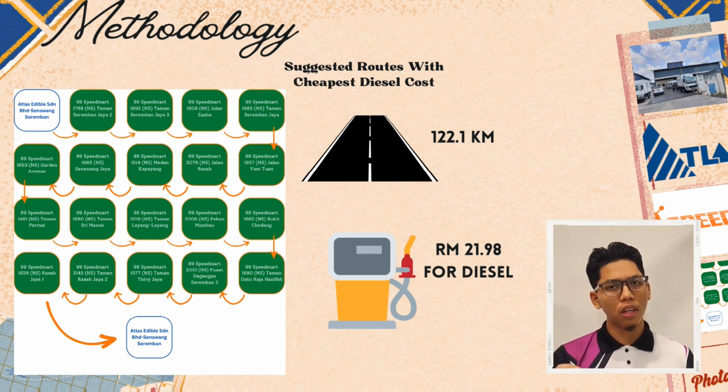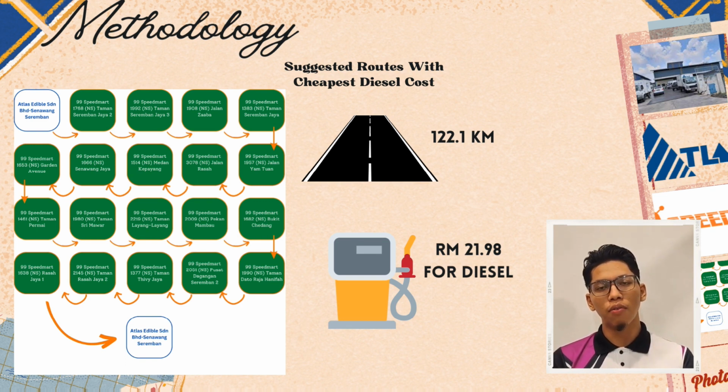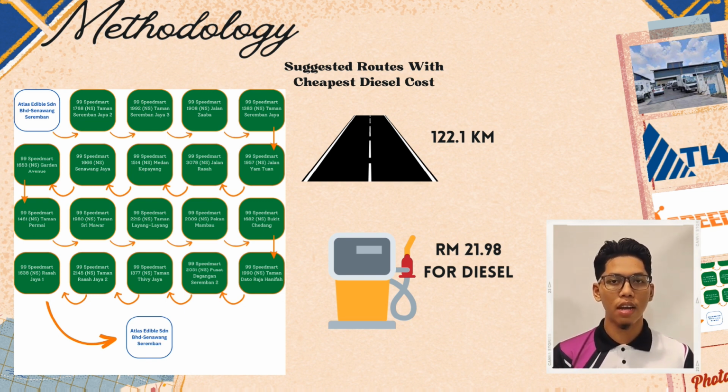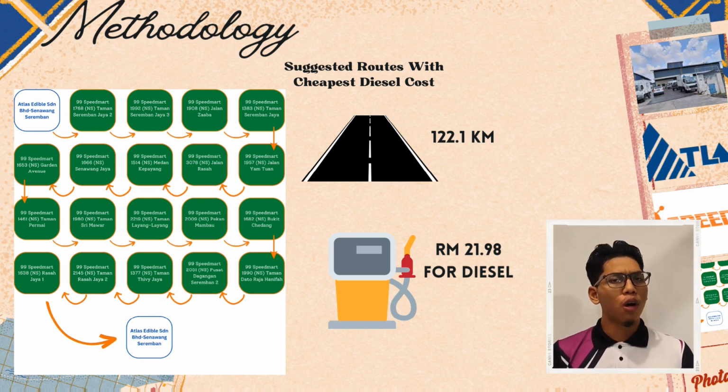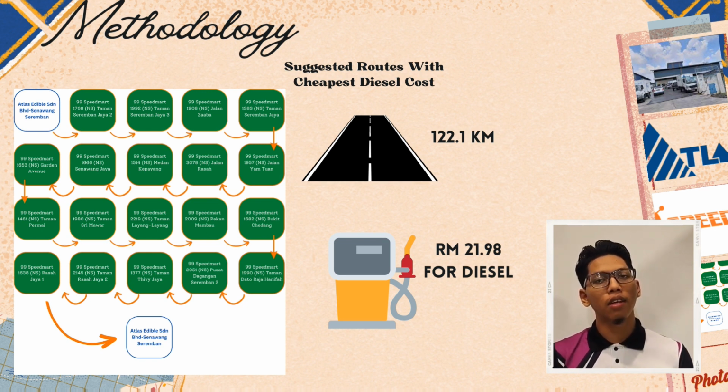So, the total distance given to us is 120.1 kilometers to cover all of these branches starting from the factory and returning to the factory. To cover all of the roads, the lorry just needs to pay 21 ringgit and 98 cents only to make sure it can deliver ice to all of these 99 Speedmart branches.